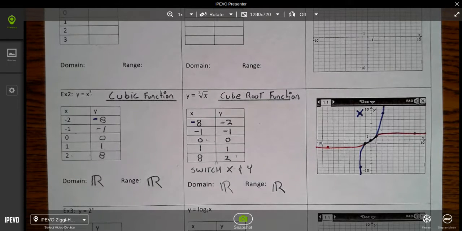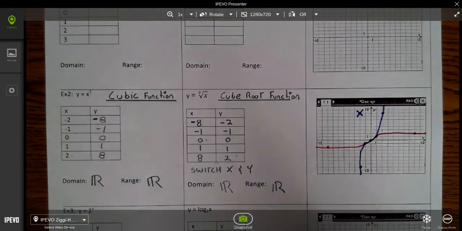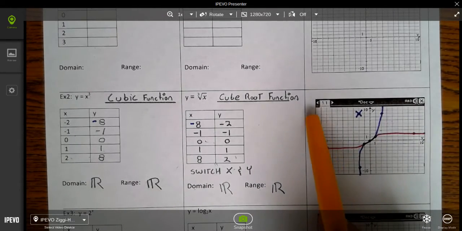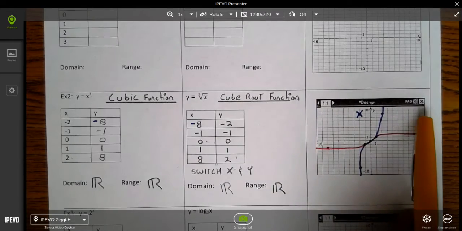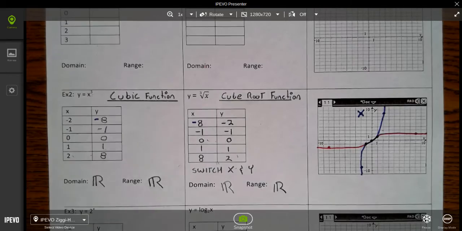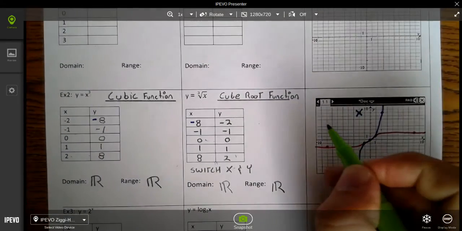All right, now to test for an inverse, we do a horizontal line test. Now, notice, if I look at the function, I go across, okay, and let me do the horizontal line test in green.